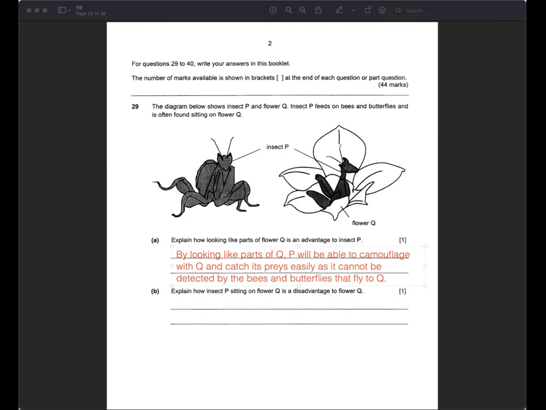Okay, the question is, why is it a disadvantage? The keyword here is disadvantage. Why is this P here a disadvantage to Q? Okay, so Rainy, you say that P can help pollinate. No, insect P doesn't help to pollinate, so your answer will not get the mark.